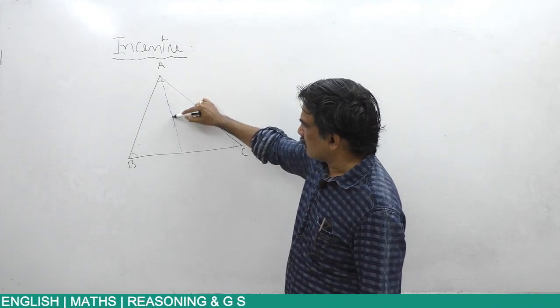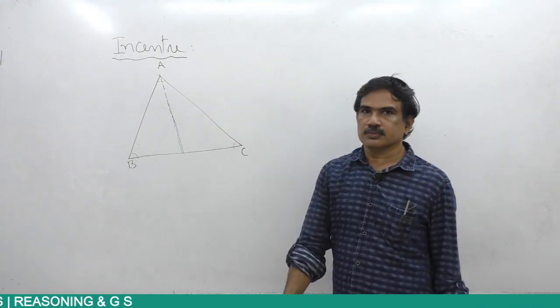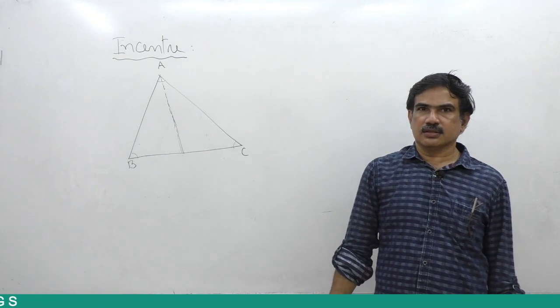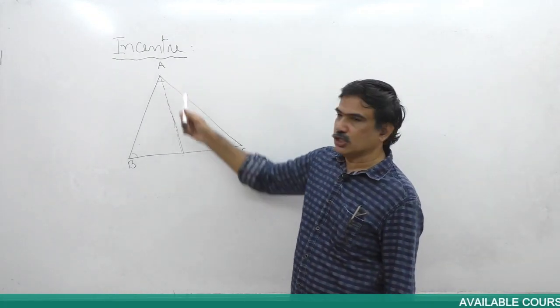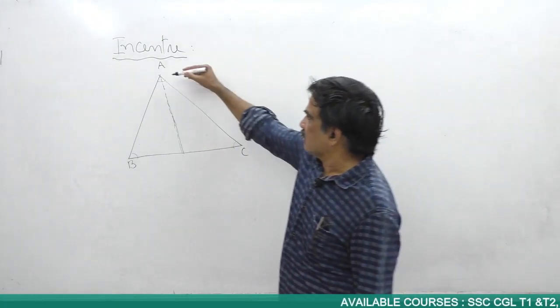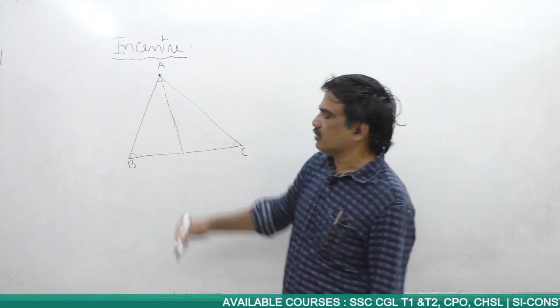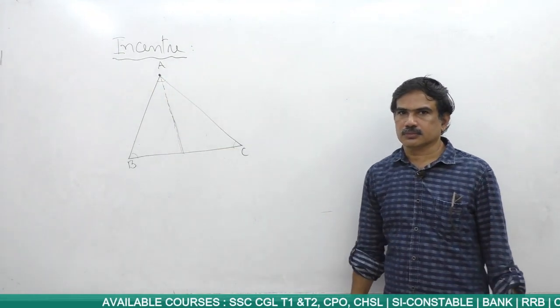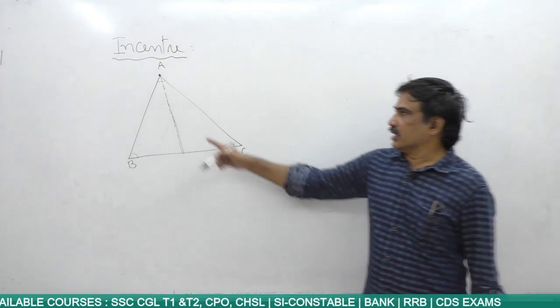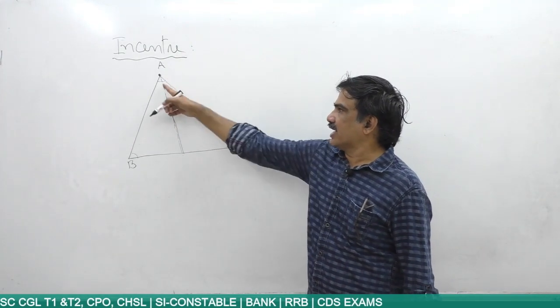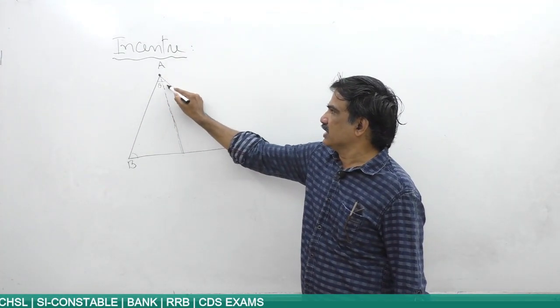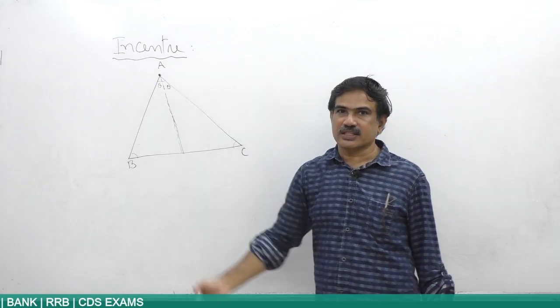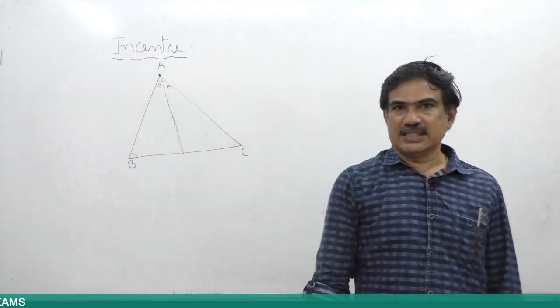This is called the angular bisector. A line which divides the angle into two equal parts at the vertex is called an angular bisector.